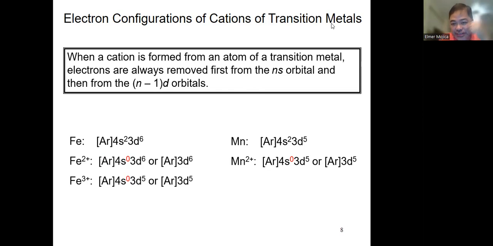So if you have Fe, it becomes Fe2+, that means you remove 2 electrons, so you lost the 2 electrons in the s orbital. If it's 3+, it removes first the 2 electrons from the s, and then the one from the d orbital. So it's always the s orbital electron that is lost first in transition metals.